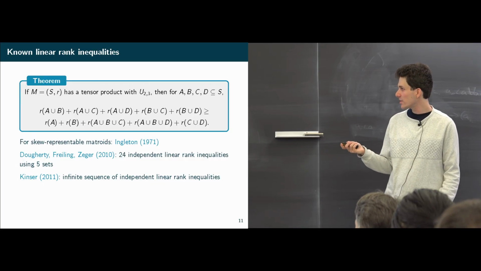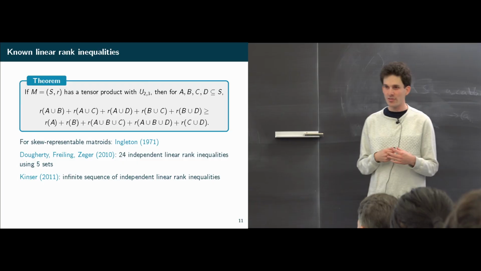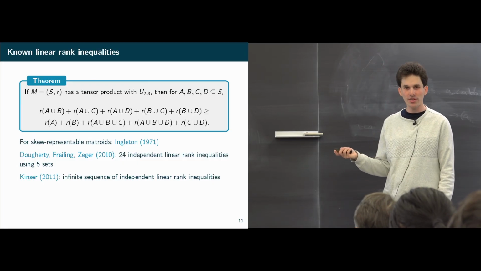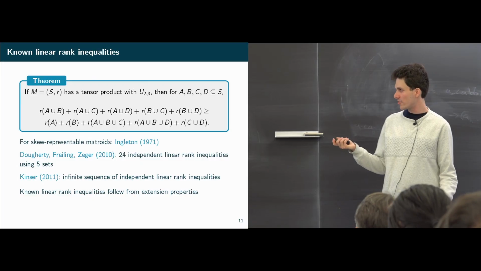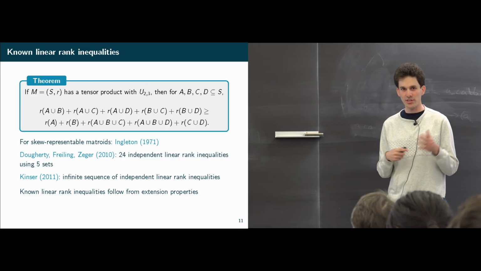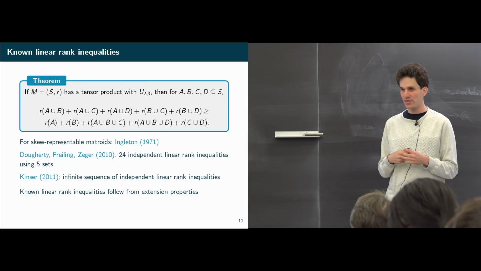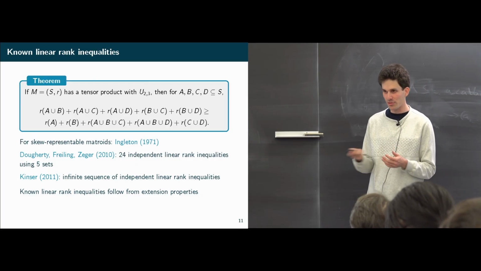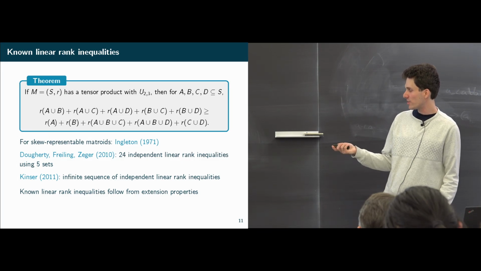To get something new, first we wondered how previously nonlinear inequalities were derived. And we think that all previous nonlinear inequalities follow from extension properties, like the fully modular extendability that we have seen before. And they even follow from some weaker statement.